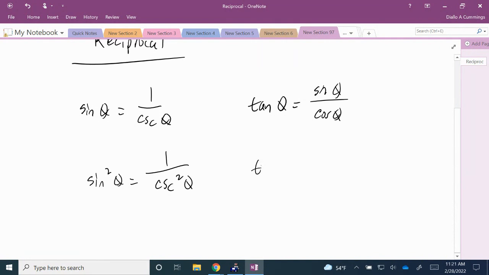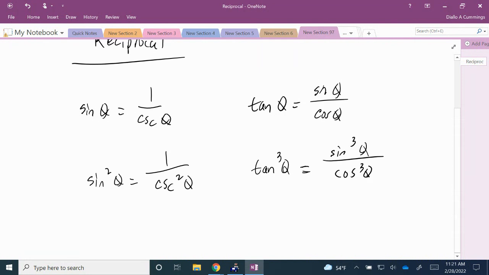Let's say, for instance, we had tangent cubed theta. We could rewrite tangent cubed theta as sine cubed theta over cosine cubed theta.